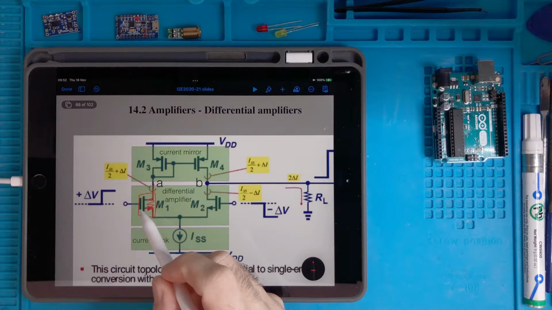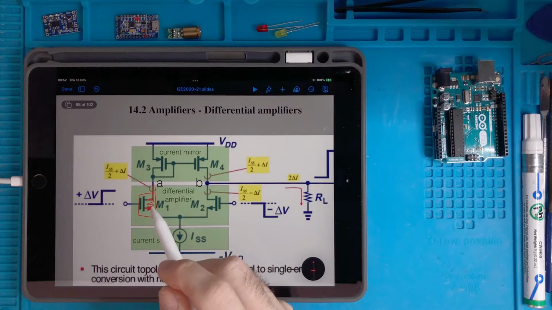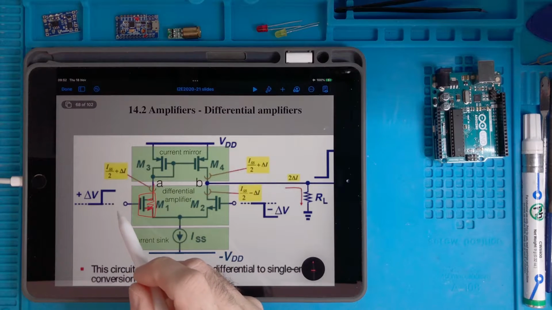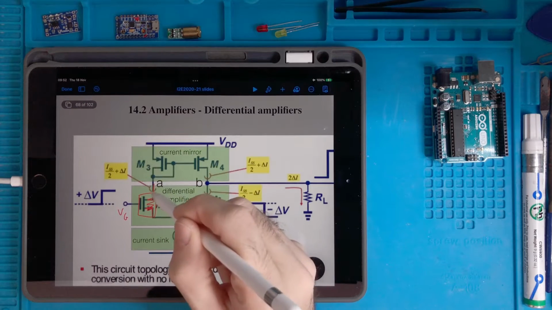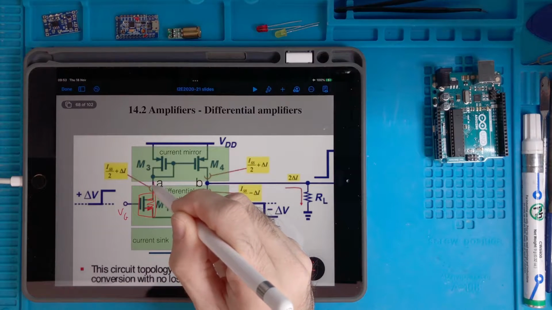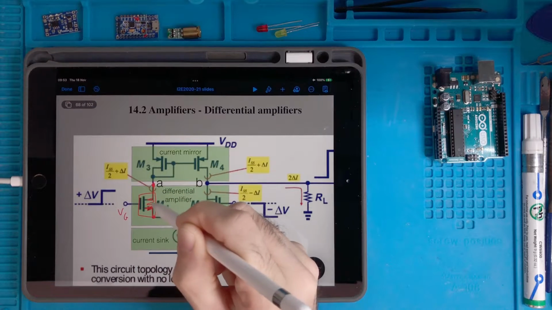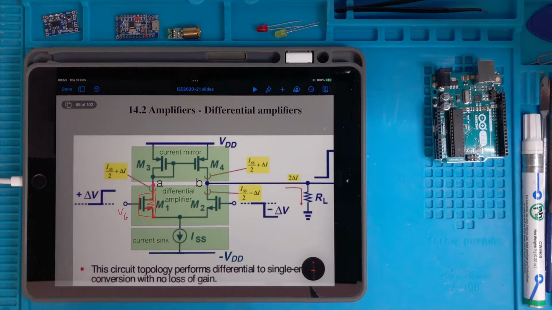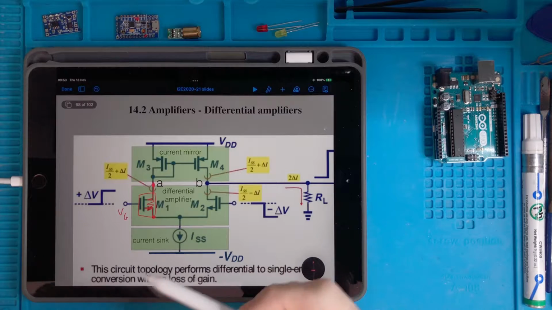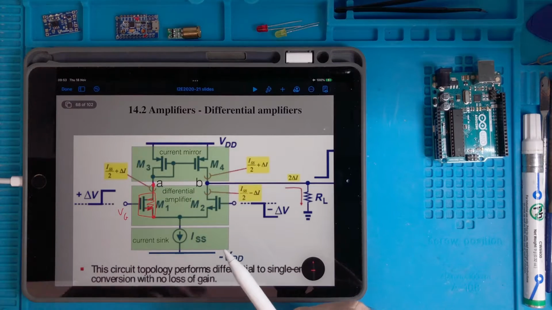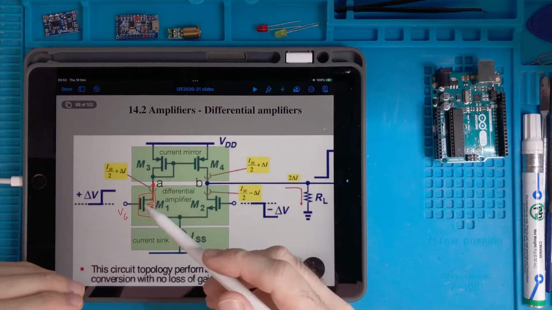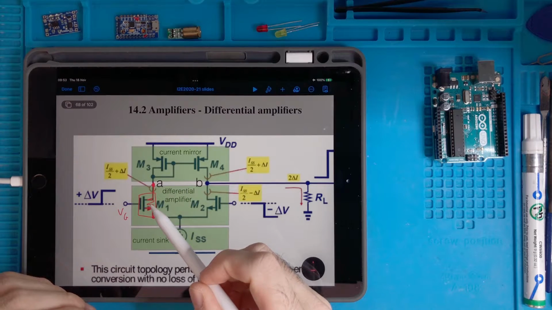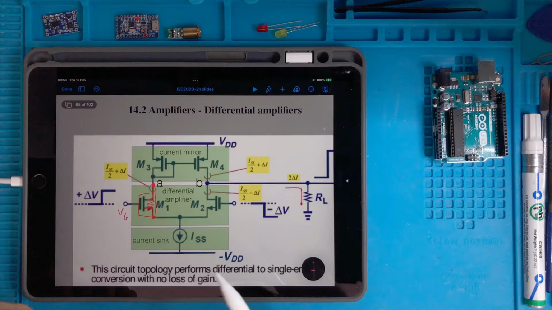We know that a transistor is a controlled resistor, so for a given voltage at the gate, there will be a certain resistance between this point and this point. So what we are doing here, we are assembling a mirrored version, sorry for the pun, of the current mirror, having a transistor as a resistor.